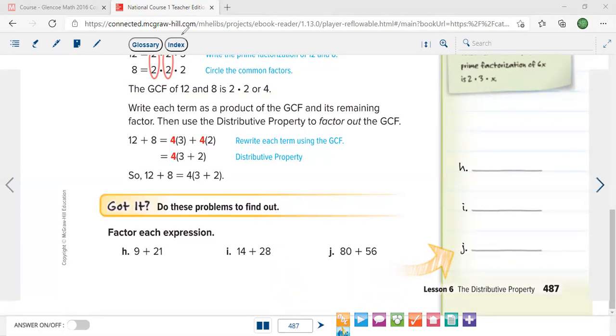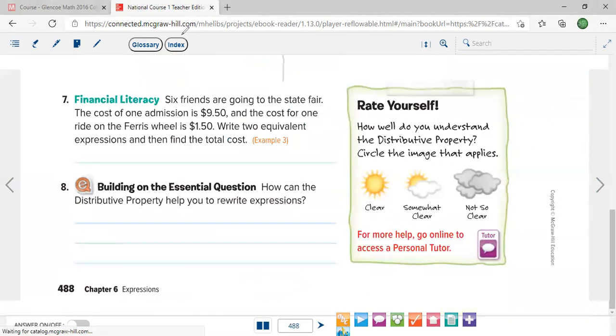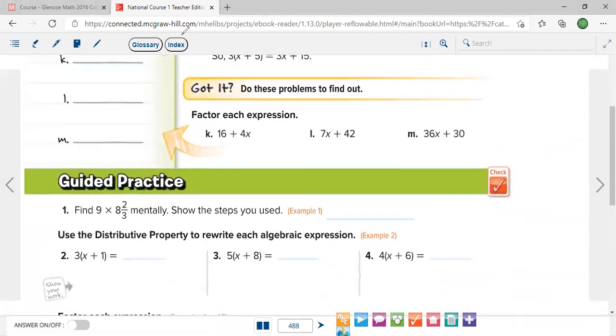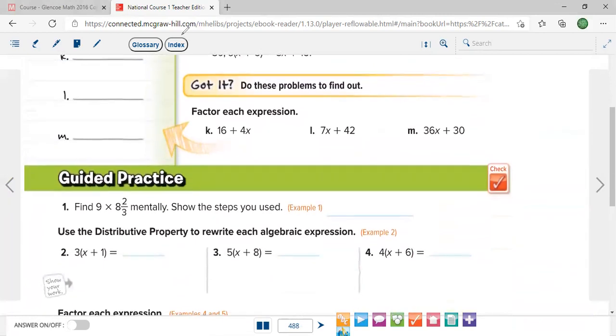Moving on. Factor each expression, very easy. This one is easier than before because you will take the number in front of the variable. You can see here 4. So we will write 16 as 4 times 4.